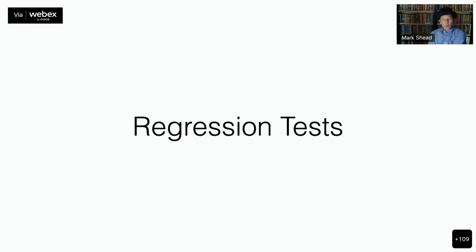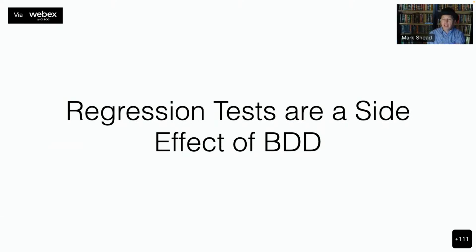So behavior-driven development, when you finish, you end up with a bunch of tests that can be used as regression tests against your application. But it's really helpful to think of those regression tests as being a very valuable side effect of the collaborative process of doing behavior-driven development. If you get too focused on the idea that you're just trying to create tests, you do them in a very, very different way.